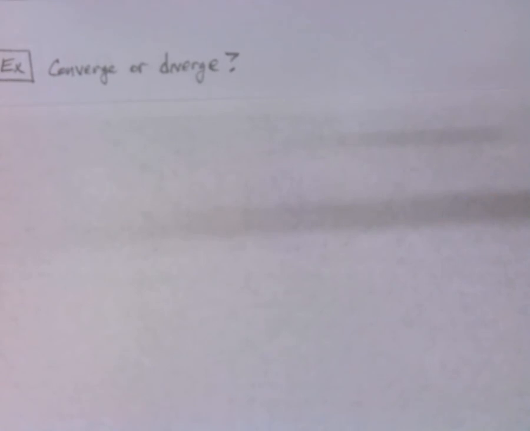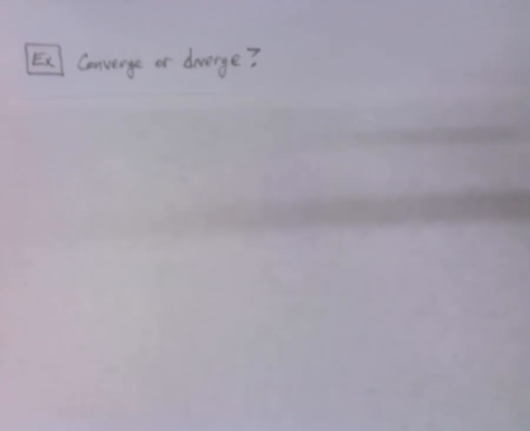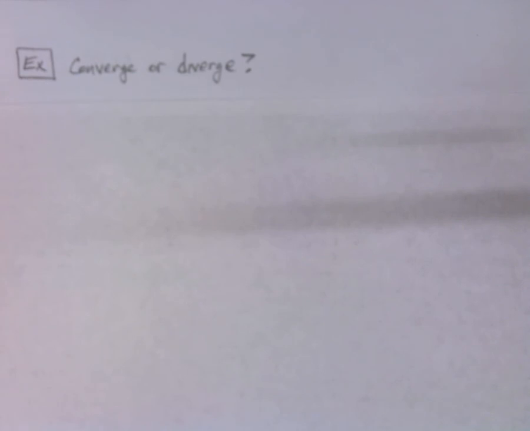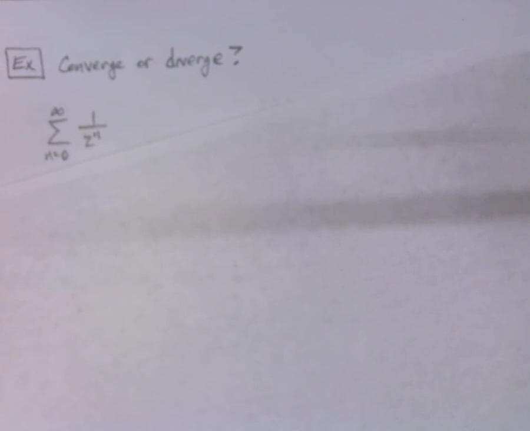Let's see what we've got for some examples. The question is, does the series converge or diverge? Kind of like back in our chapter on new integration techniques, where the question on the test was just going to be, hey, integrate.